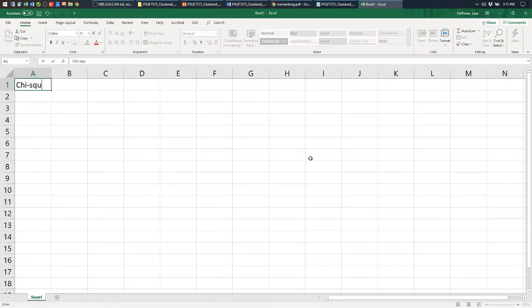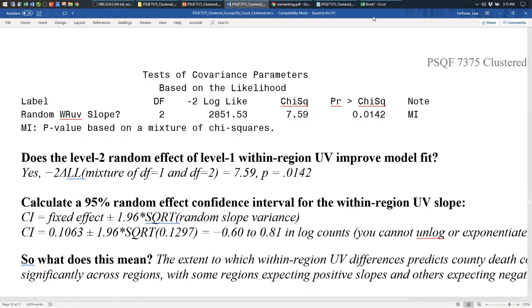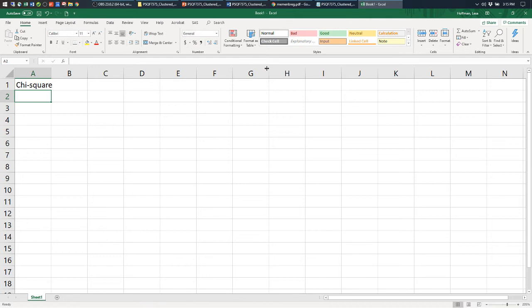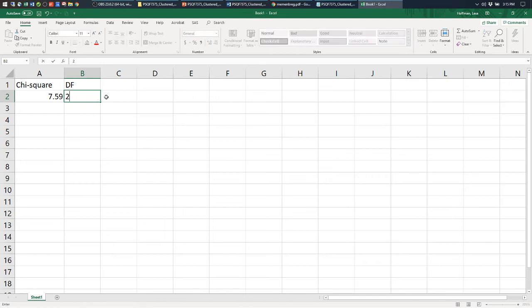So if I have the chi-square value, in this example it was 7.59, I have the degrees of freedom using the so-called conservative or naive approach, which is the number of parameters added. df minus 1 I also need.